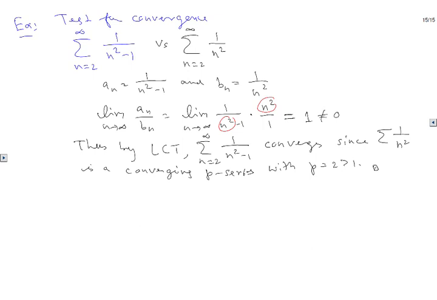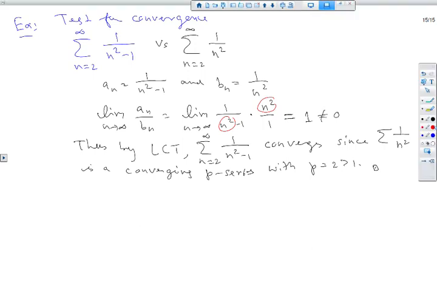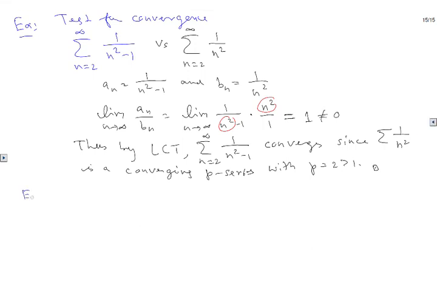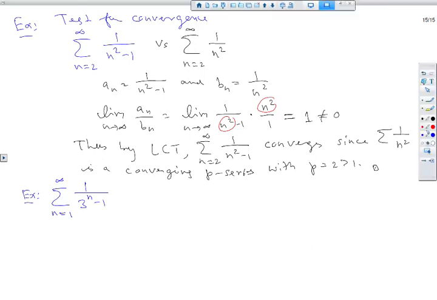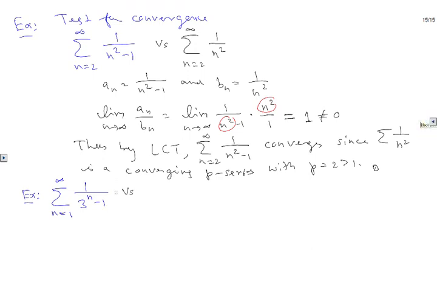So that's the complete argument. Let's look at another example. How about sigma n going from 1 to infinity of 1 over 3 to the n minus 1, something like that. Again, we look at the dominating terms. The dominating term is 1 over 3 to the n. So we compare this with the sum from n going from 1 to infinity of 1 over 3 to the n.